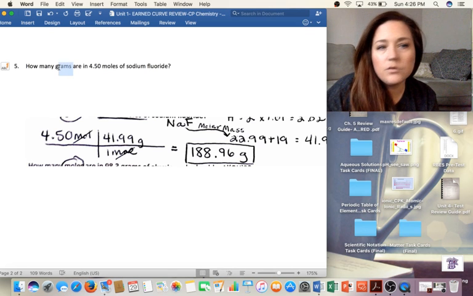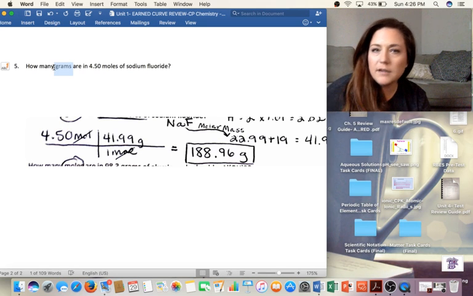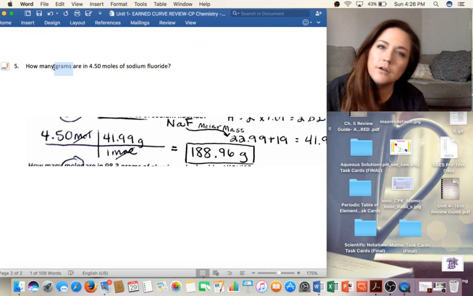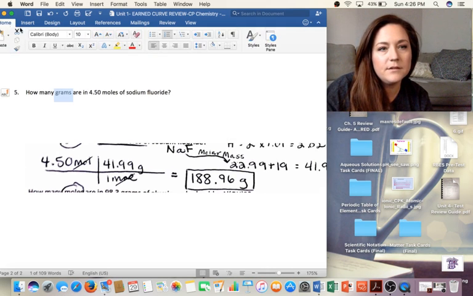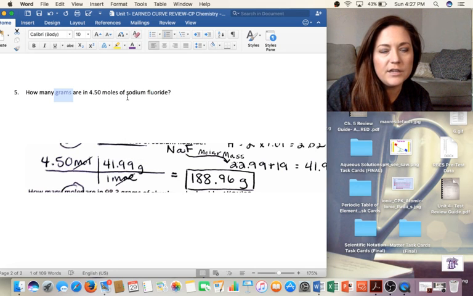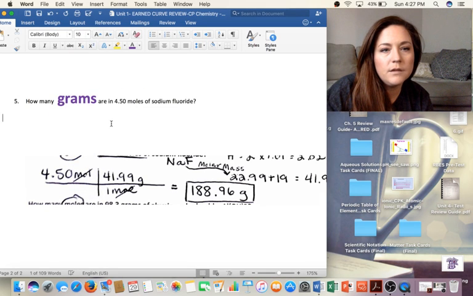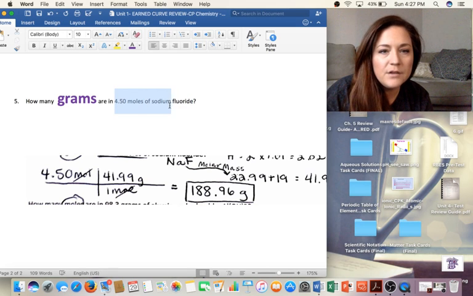Okay, so the fact that it used the words how many automatically tells you that what comes after those words is what you're looking for. How many grams? So this is our desired. This is what we're trying to get to. And I'm trying to make it bigger for you guys. Grams is what we're trying to find. And they're asking us how many are in 4.5 moles of sodium fluoride. So this right here is our given.